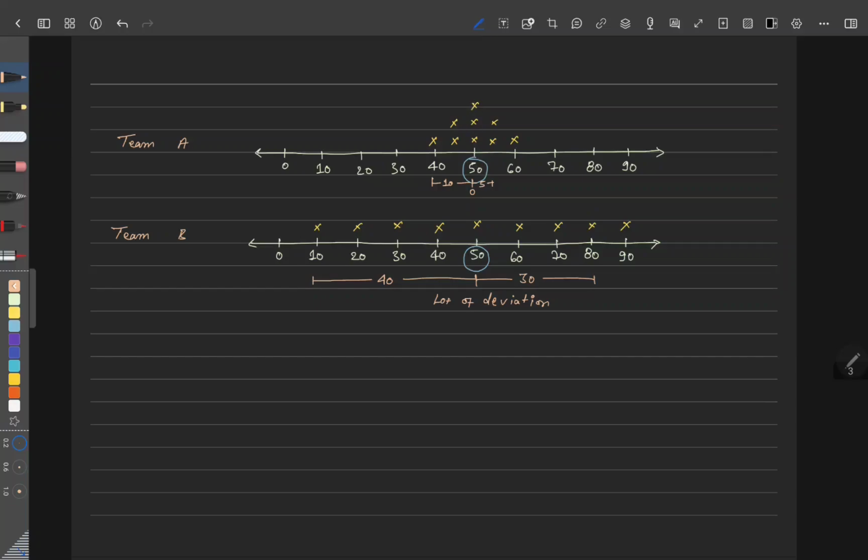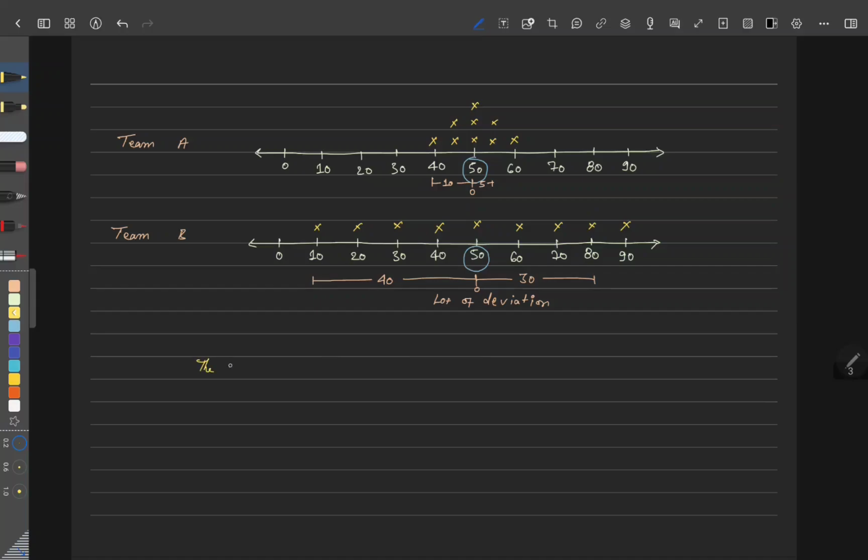Because we have 3 points at 50, which is 0. For team B, the minimum deviation is 0 and the maximum deviation that you can see is 40, right? Which is like from 10 to 50 or from 90 to 50, which is 40. So there is a lot of difference, and we can see that team B has data which is more spread out or scattered around the mean value, which is 50.